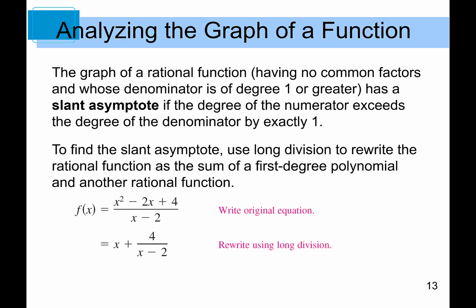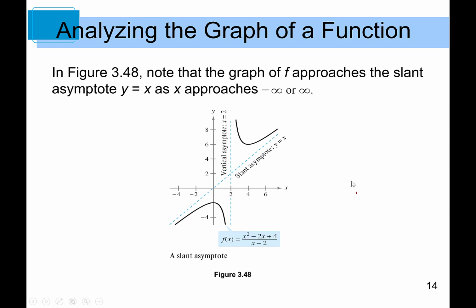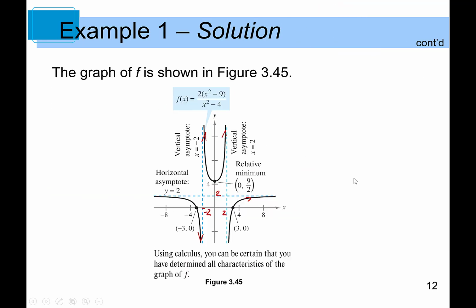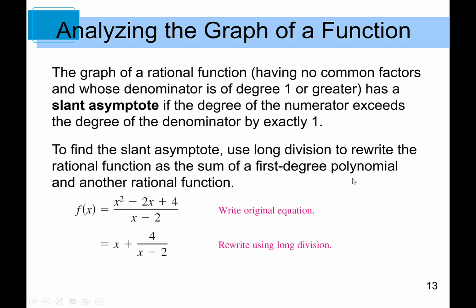Okay, second part, we're going to take a look at the slant asymptotes. A slant asymptote occurs when we have a rational function. Slant asymptotes only apply to rational functions. And a rational function will have a numerator and a denominator.